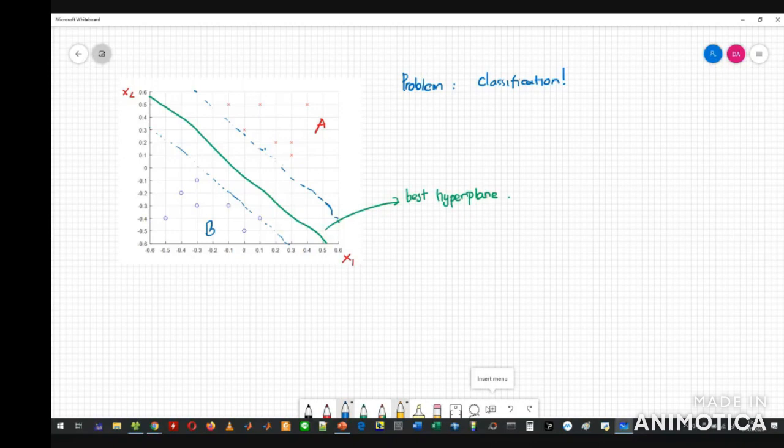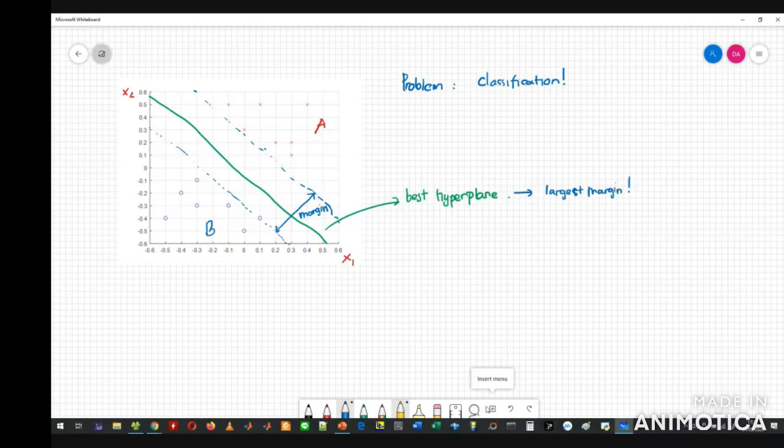So what is margin here? Sorry, this is not quite straight. This one we define as margin. So the best hyperplane is actually the largest margin.